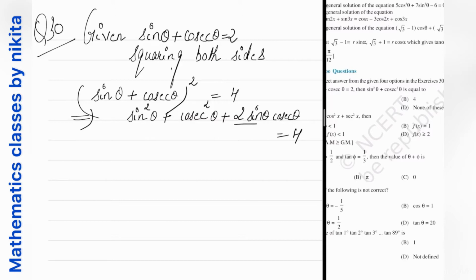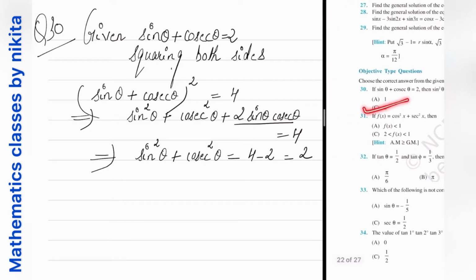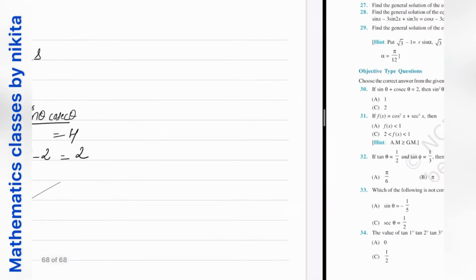Now see, sine theta into cosecant theta is equal to 1 because cosecant theta is 1 over sine theta. So this will be plus 2 into 1. Okay, so this implies that sine square theta plus cosecant square theta is equal to 4 minus 2, which is equal to 2. So therefore the correct answer is C. Got it? Now let's see the next question.